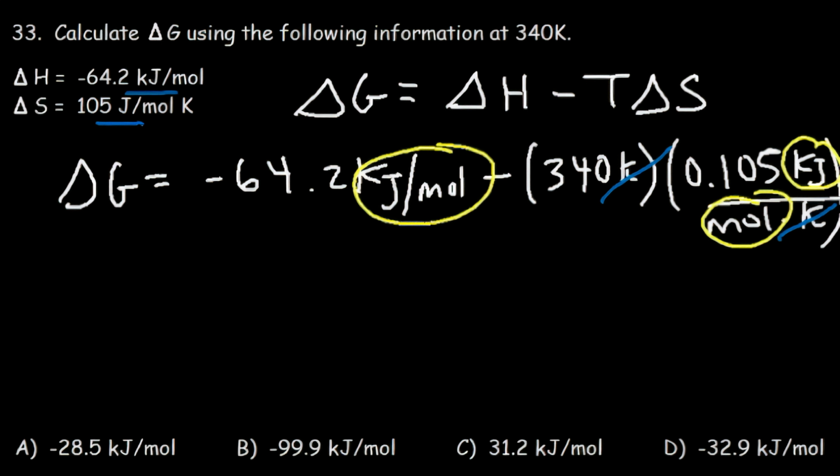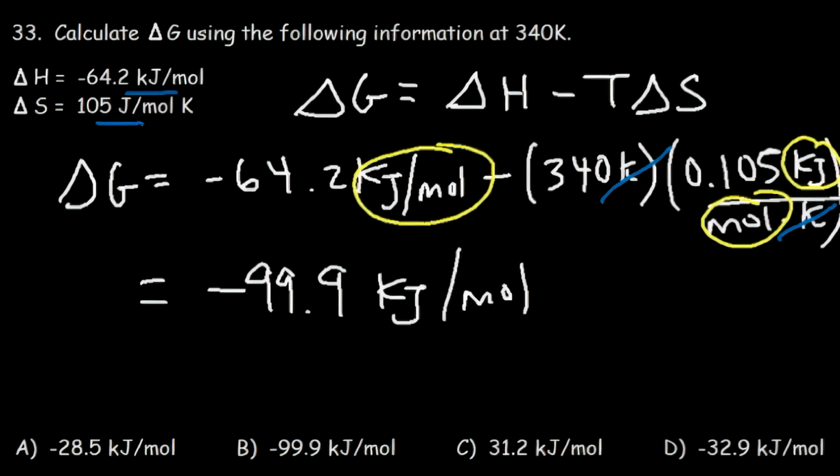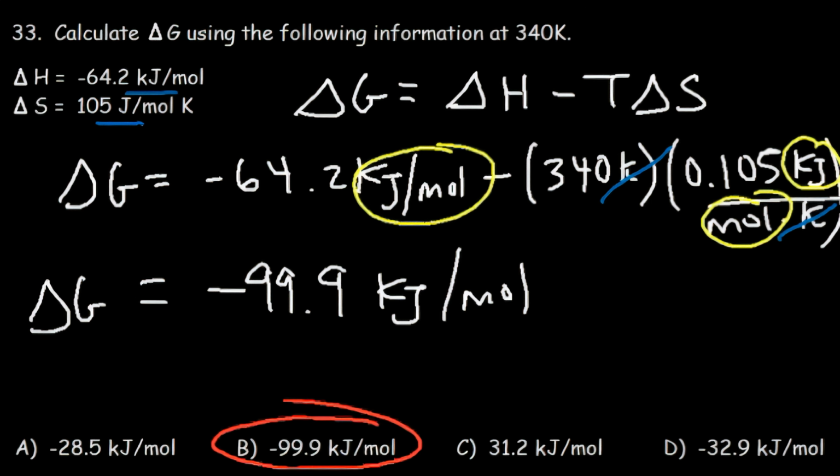So negative 64.2 minus 340 times 0.105, you should get negative 99.9 kilojoules per mole. And so that's delta G. And because delta G is negative, the reaction, or this system, is spontaneous at 340 Kelvin. So B is the right answer for this problem.